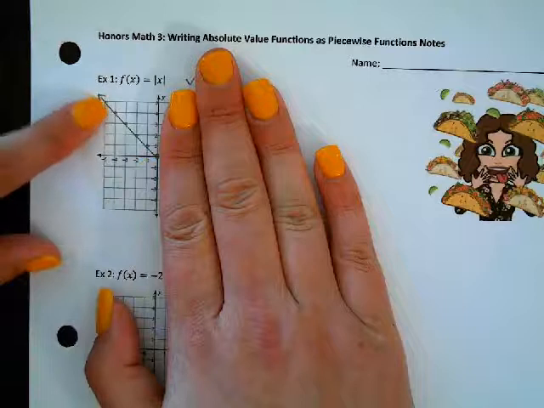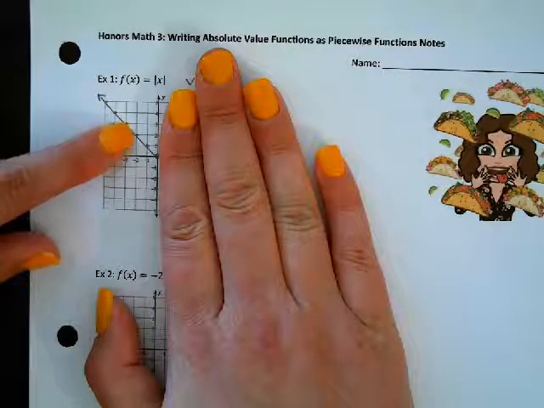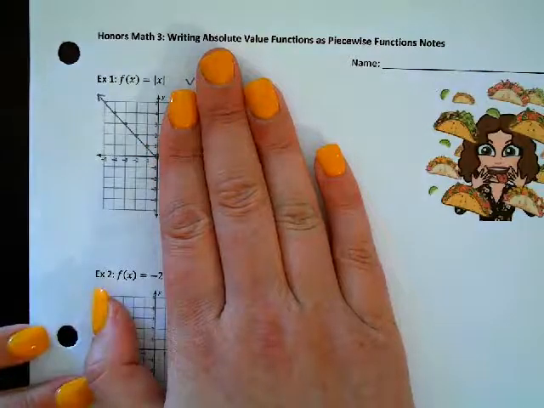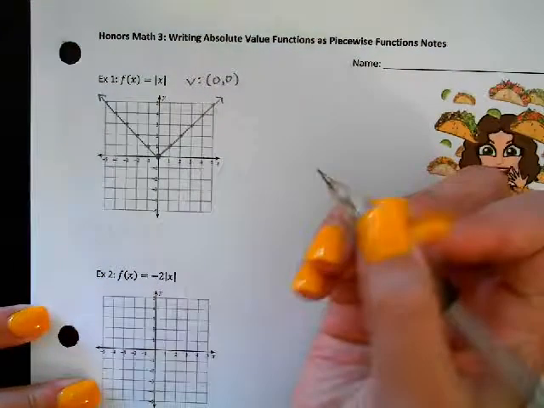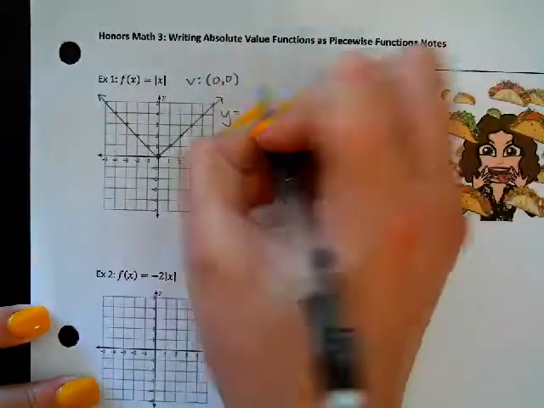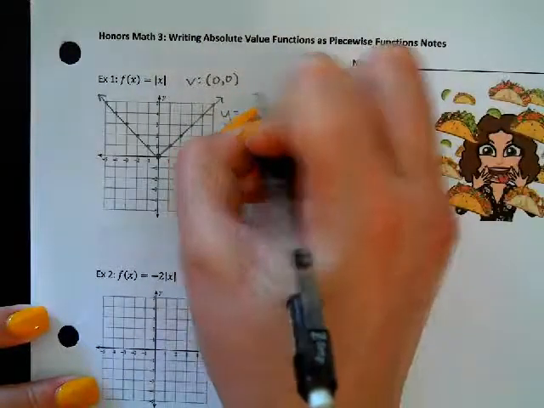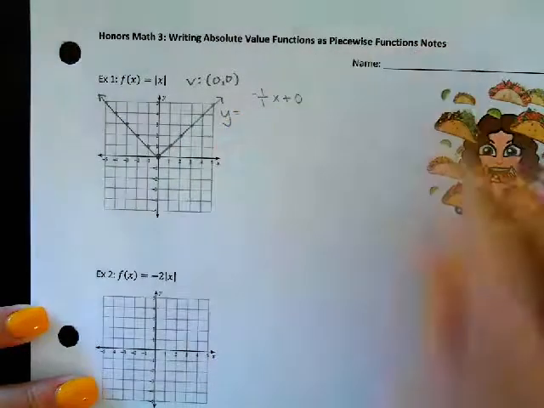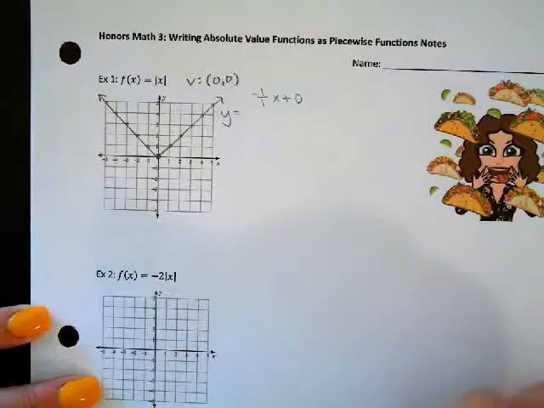It goes down 1, right 1, down 1, right 1, and so on. So I'm going to go ahead and write this piecewise function out. I'm going to say y equals, and for the left side, I'm going to say the slope is negative 1 over 1x plus 0. There's the left piece.